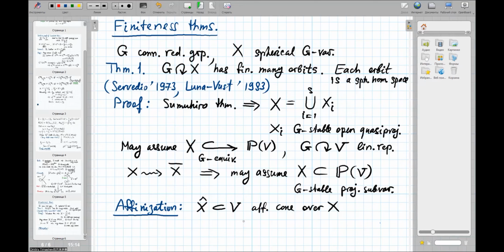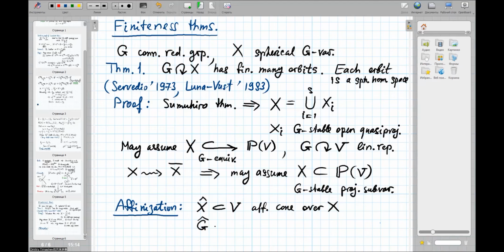To this end, we replace your projective X by the affine cone over X, sitting in this vector space V. X is projective, and you take a cone over it, in the usual sense of algebraic geometry. Okay? So let me also replace the acting group G by a bigger group.